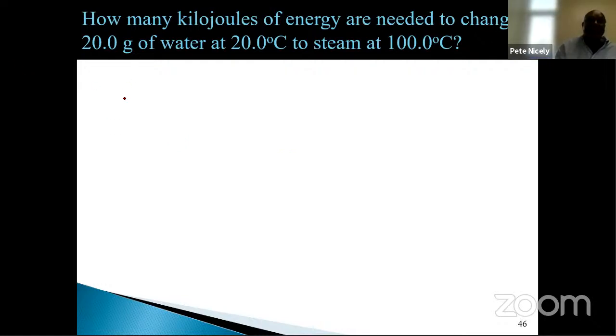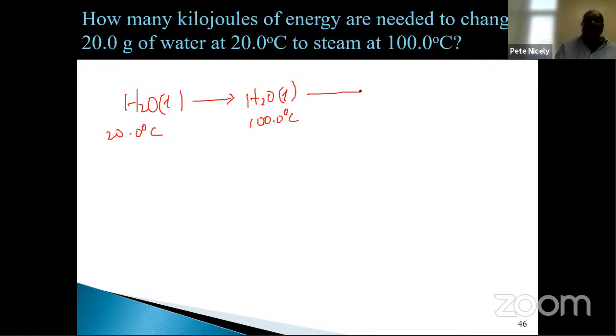You're going to have H2O liquid at 20.0 degrees Celsius converted to H2O liquid at 100.0 degrees Celsius. And then we have H2O liquid converted to H2O gas, again at 100 degrees Celsius.